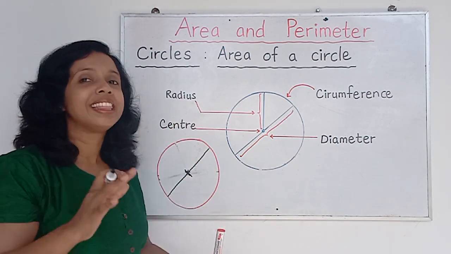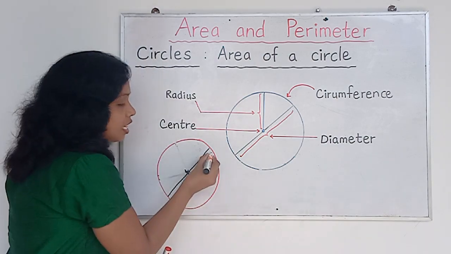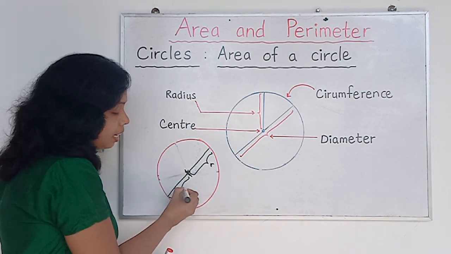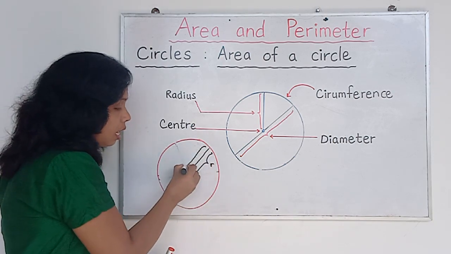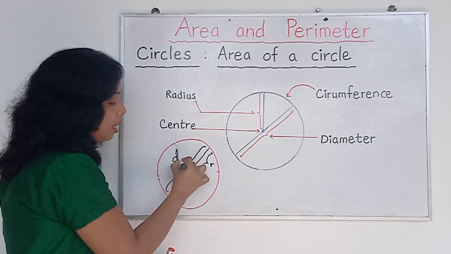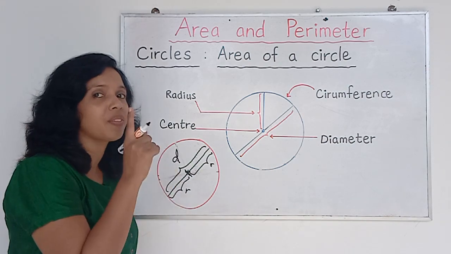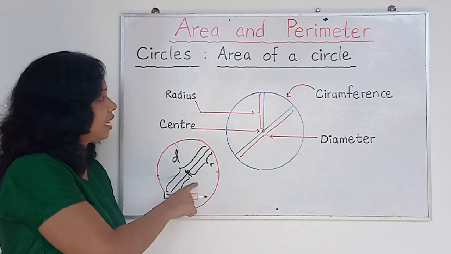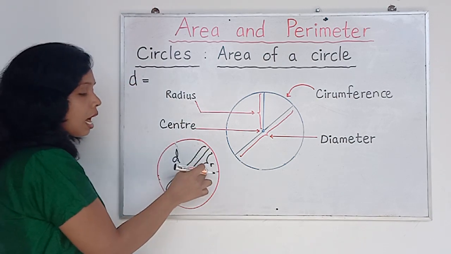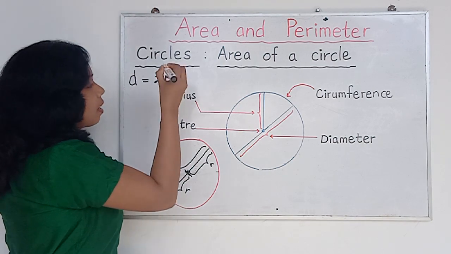Now tell me the relationship between radius and diameter. This is the radius and this is the radius, and this full length we call the diameter. Diameter equals r plus r, that is 2r.